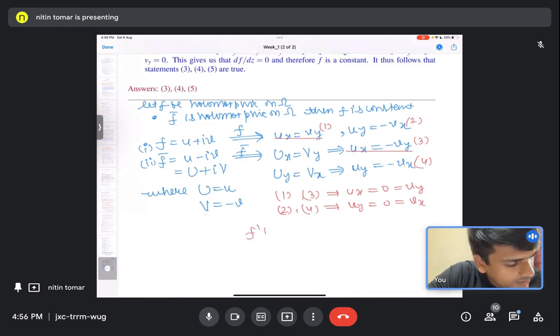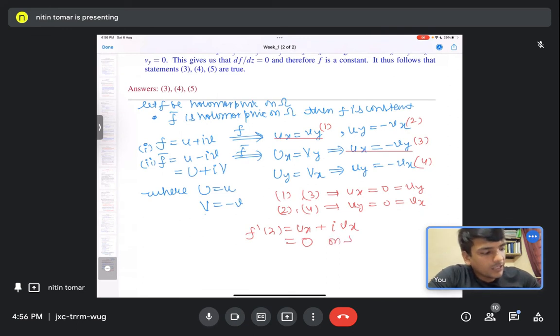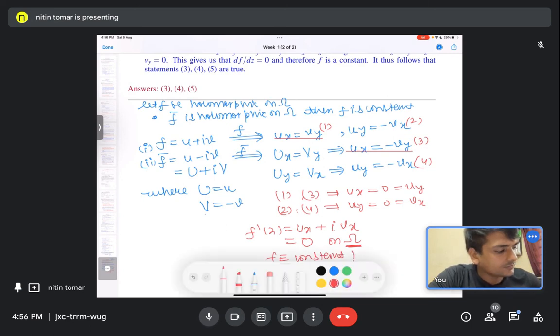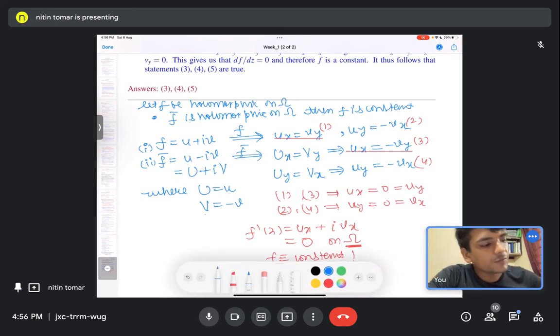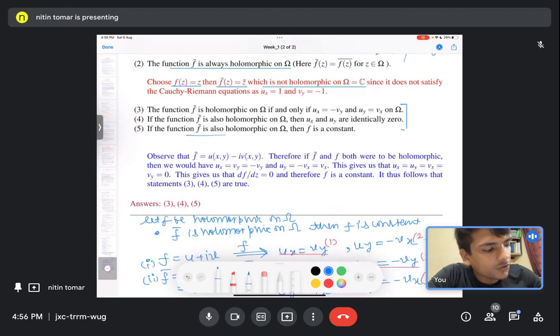Now how do you define f prime z? It is ux plus iota vx, so it is 0 on the whole of omega. Because omega is a connected set, a domain, if the derivative is 0 on an open connected set, then f has to be constant. So what we have proved so far: if f bar is holomorphic on omega, then f is constant. So the fifth is true.